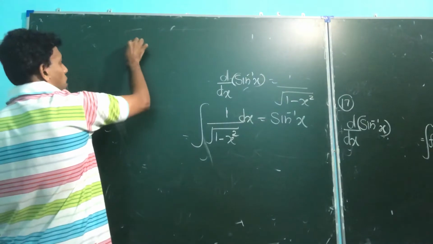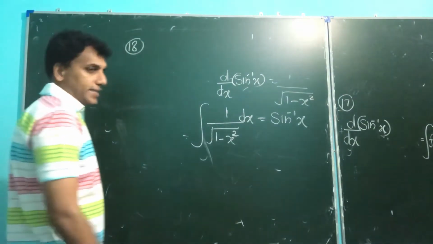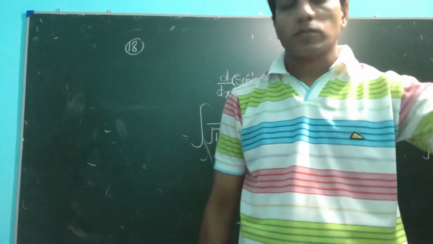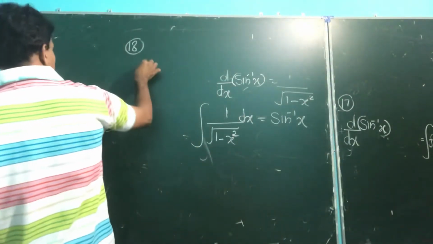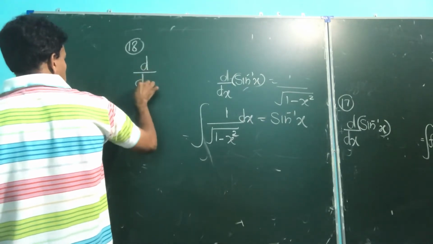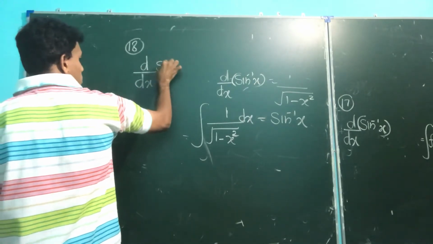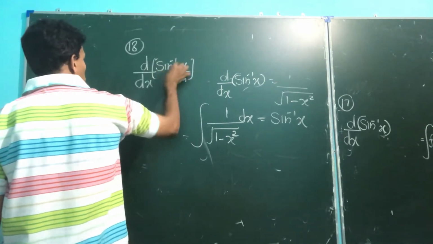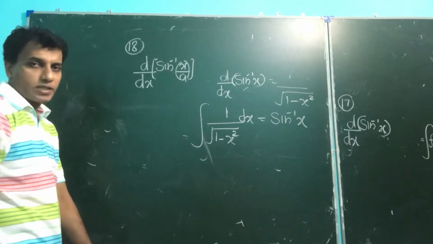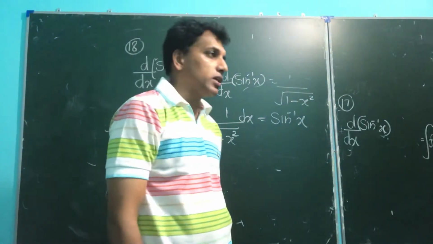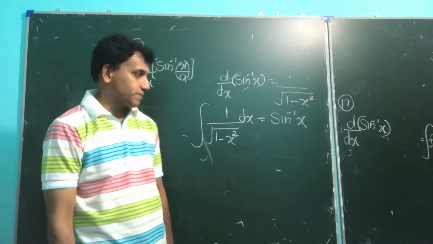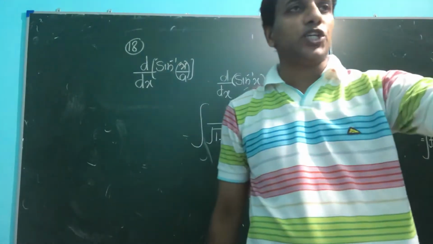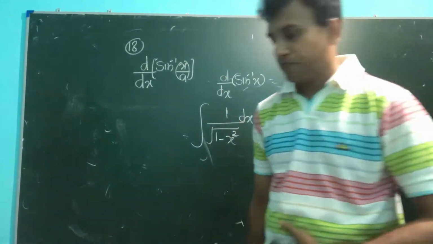Right, next one, the 18th one. Find the differential coefficient of sine inverse x over a. What is the differentiation of sine inverse x over a? Hence we find the integral of that. If you are very clear in the differentiation, this becomes easy.